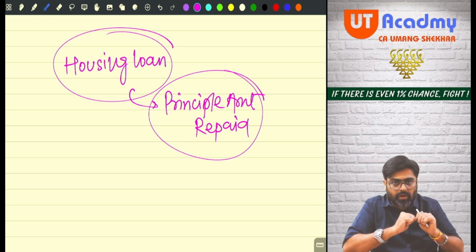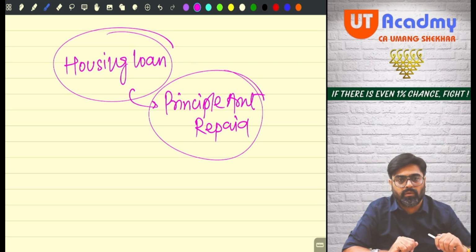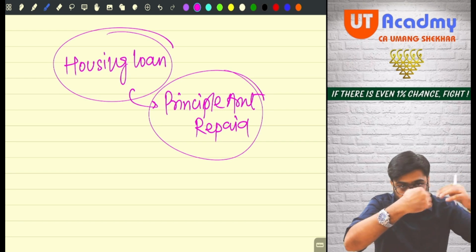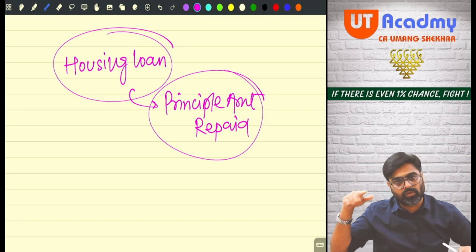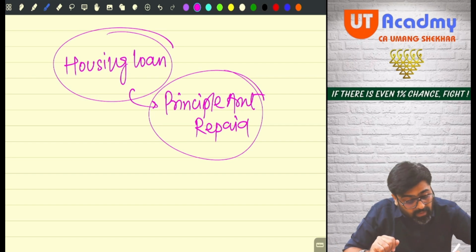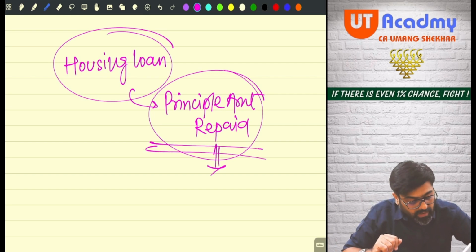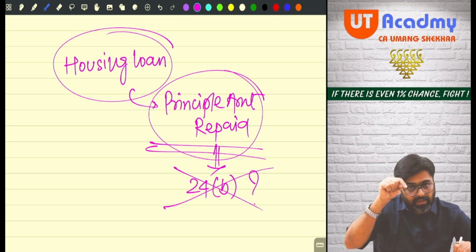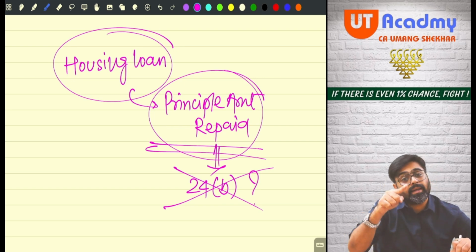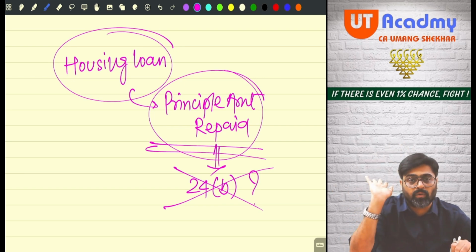So whatever loan you have taken, you are returning that loan. And along with that principal repayment, interest will also go. So interest you are going to take the deduction over here. But what about this principal repayment? Will you get any deduction of this principal repayment under section 24 clause B? The answer is no. Under 24 clause B, only the interest component of the loan will be allowed.